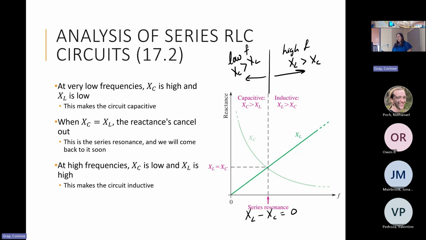We will get to that in a couple of slides from now. So these are the three different situations that we can have. We can have capacitive, inductive, or we can have where the reactances cancel out, and we essentially go back to having a resistive circuit. When we look at mathematically where some of this comes from, this is going to give us our three different types of damping.